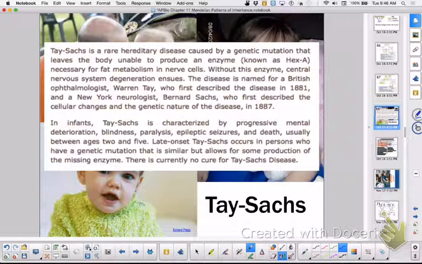Okay, and then for autosomal recessive disorders, I gave you some examples for you to know. Tay-Sachs disease, this is in our community. These are inherited by Jews of European or Eastern European descent. If you look right here, it's characterized by progressive mental deterioration, blindness, paralysis, epileptic seizures, and death, usually between ages 2 and 5. When the child is first born, there's no problem.